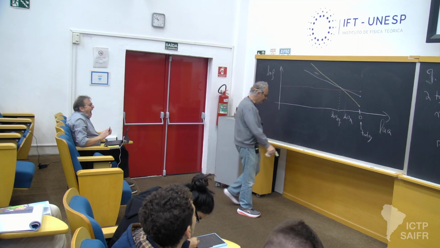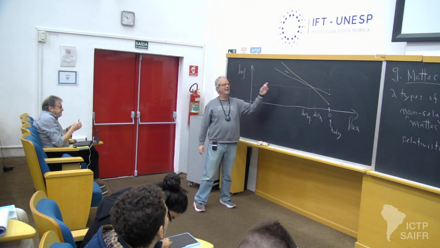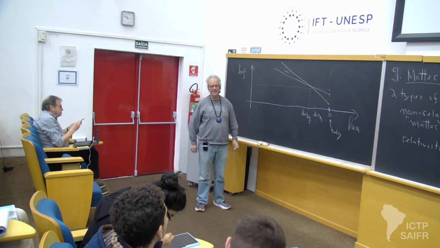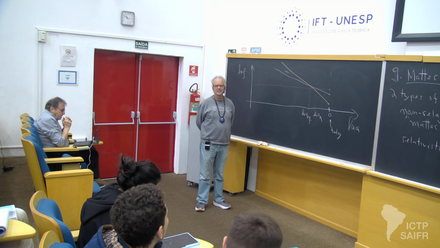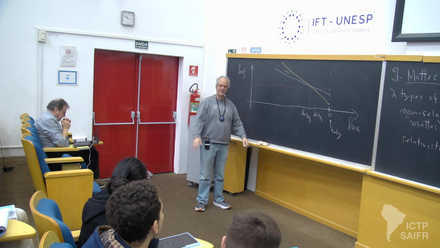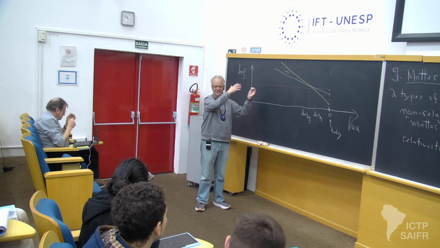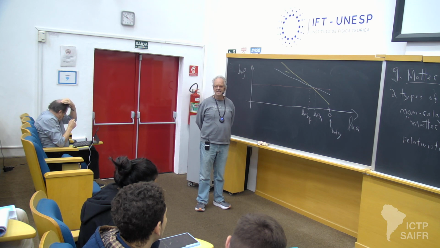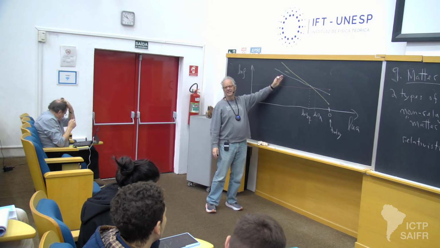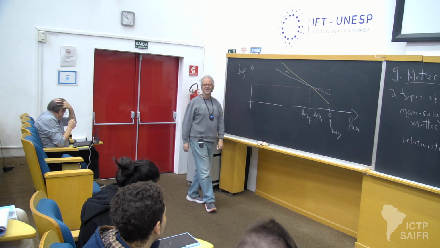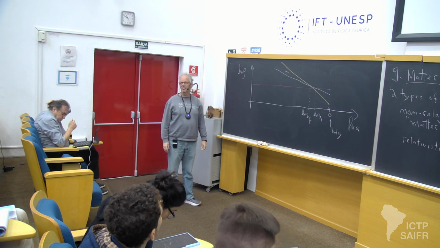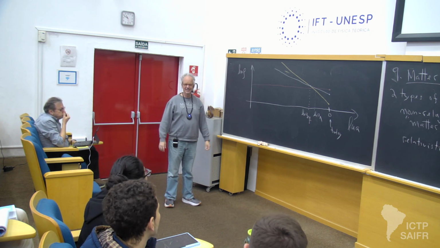So what happens in the early universe when you go back in time? Which is the dominant component? Radiation. And what happens to the energy density in the past? The energy density grows a lot. So the universe in the past was very dense.